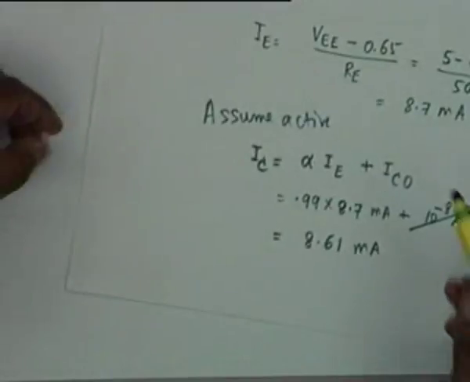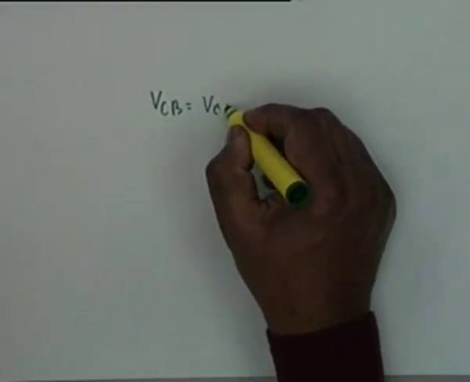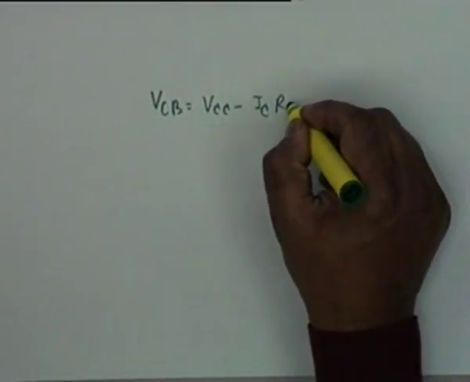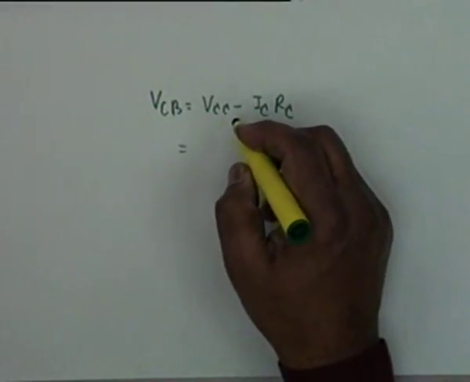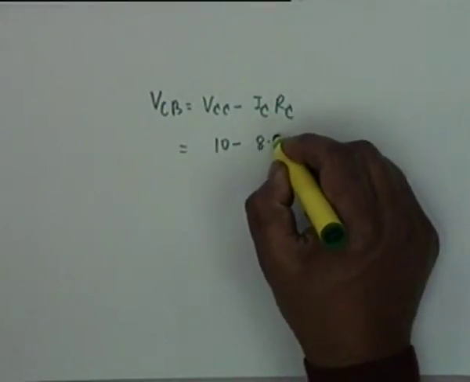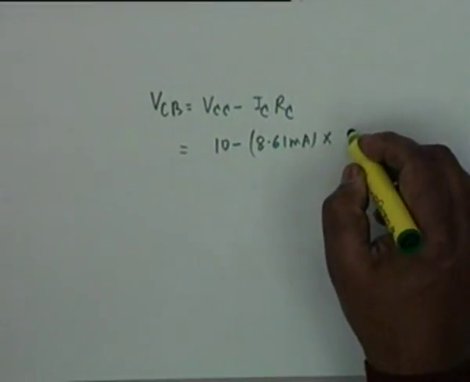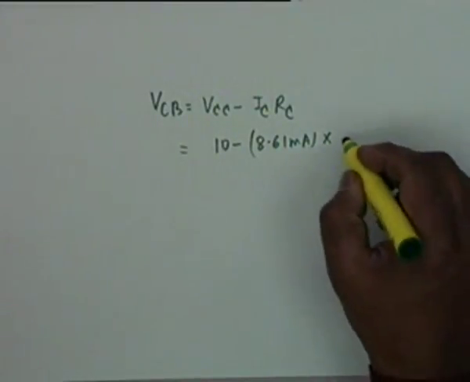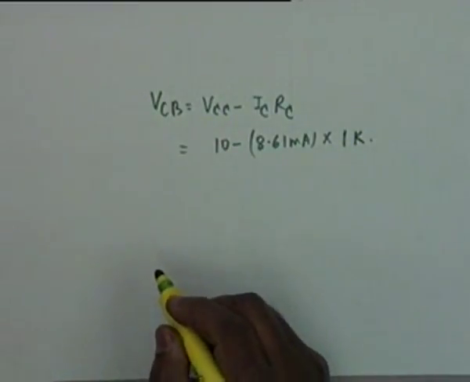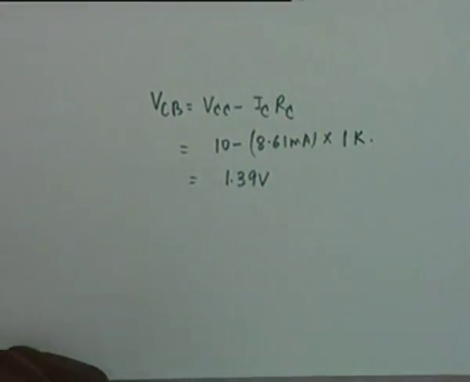So VCB is equal to VCC minus I sub C R sub C, and what was VCC? 10 minus 8.61 milliampere multiplied by R sub C is given as 1K, and this comes out as 1.39 volt, which means that the collector base junction is indeed reverse biased.